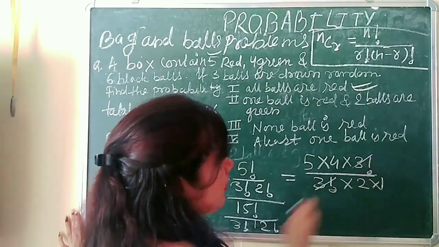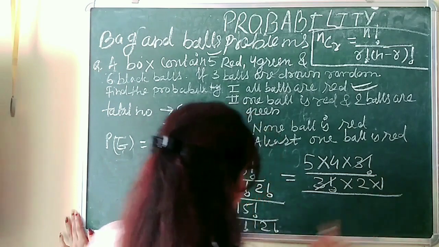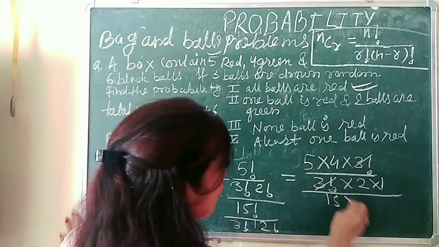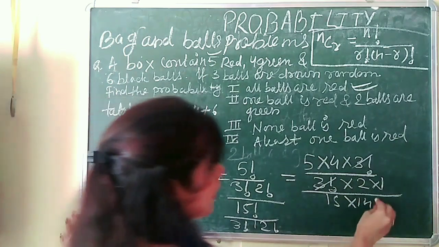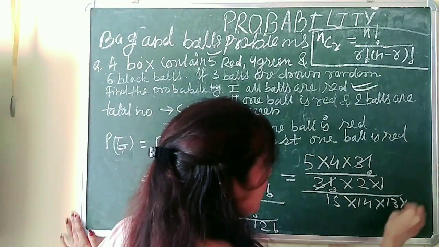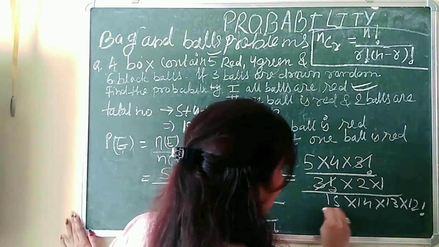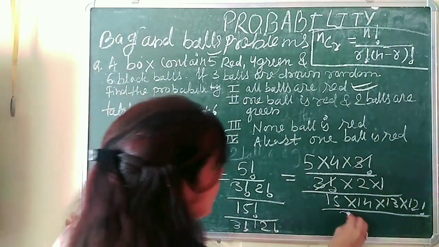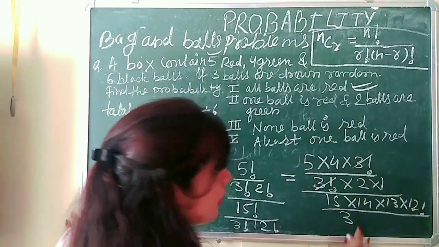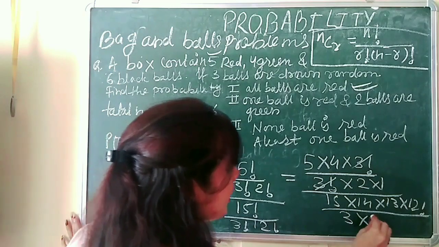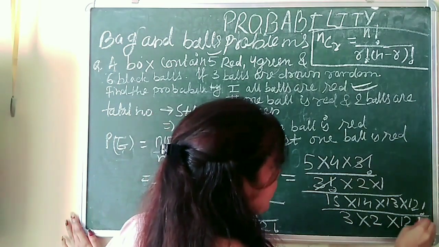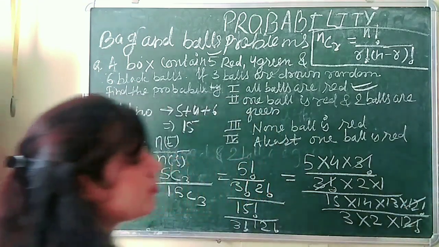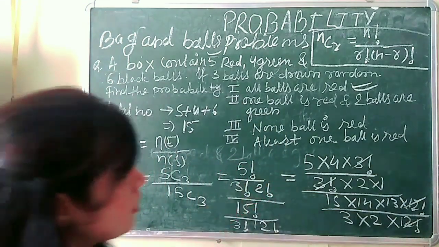The 3 factorial cancels out. Then 15 factorial is 15 cross 14 cross 13 into 12 factorial upon 3 factorial, which is 3 cross 2 cross 1. The 12 factorial cancels out, and then we solve it.